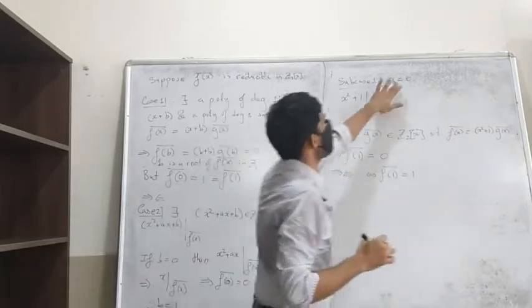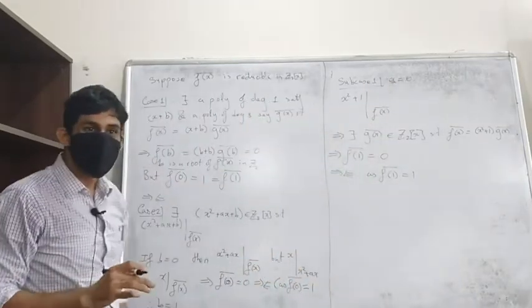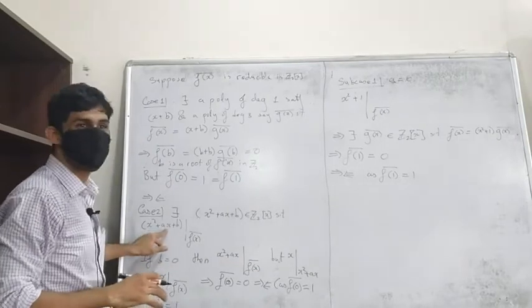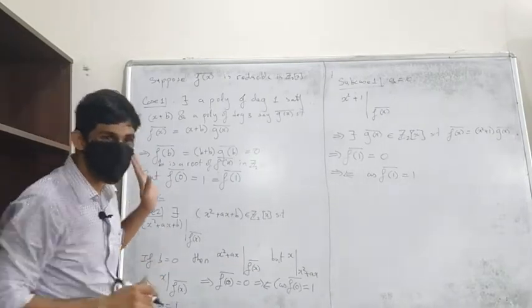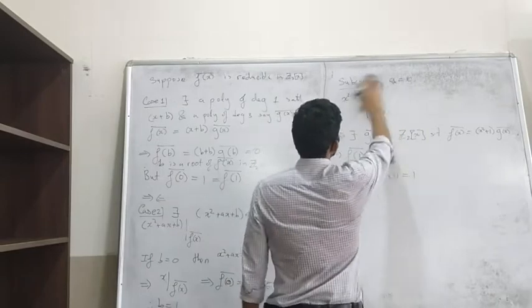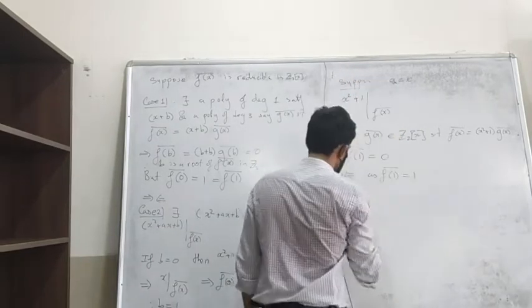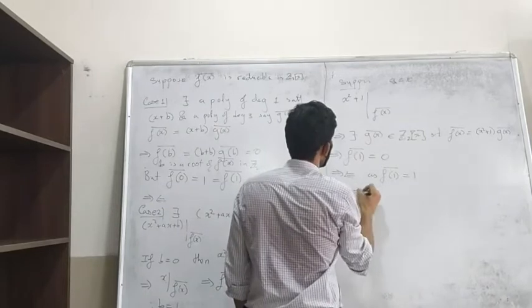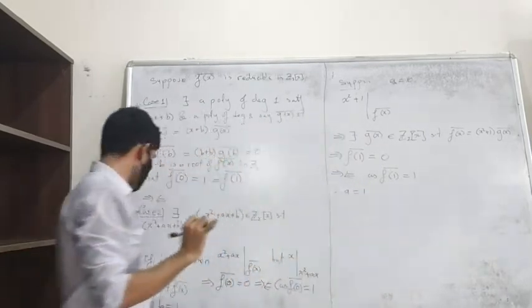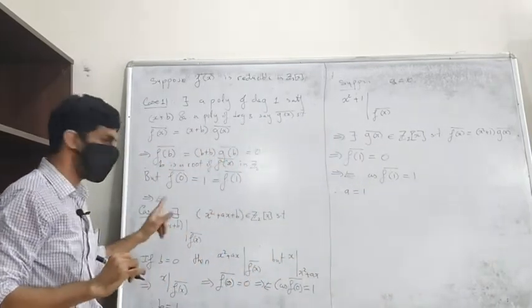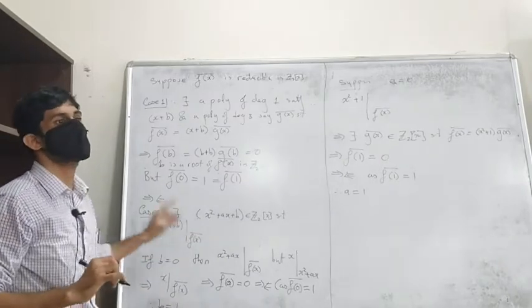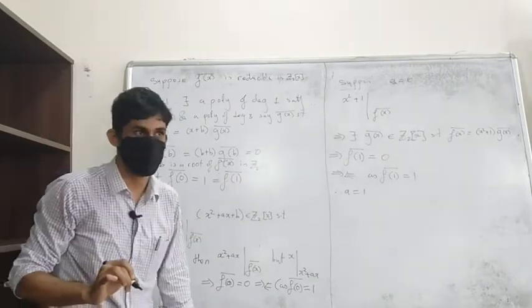So this is not possible. So the only possibility is a has to be 1. So we have landed up with proving that if this divides this, a and b should be 1.